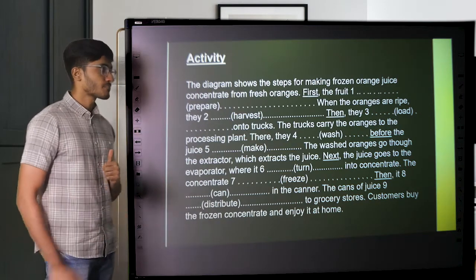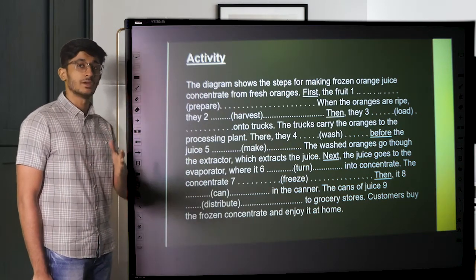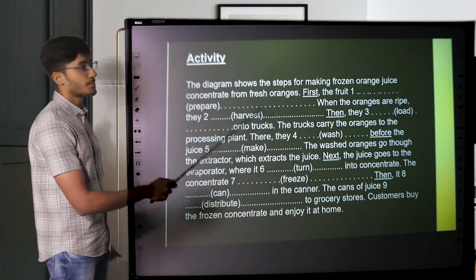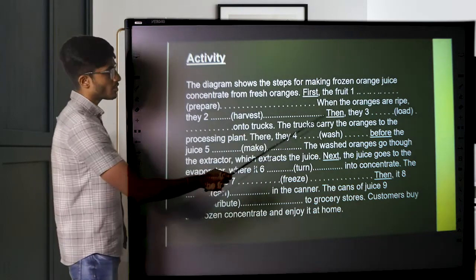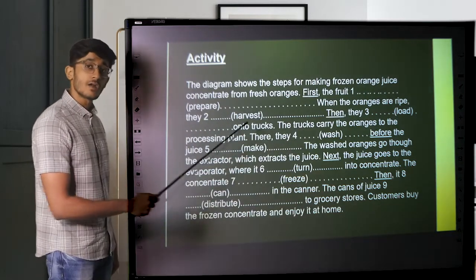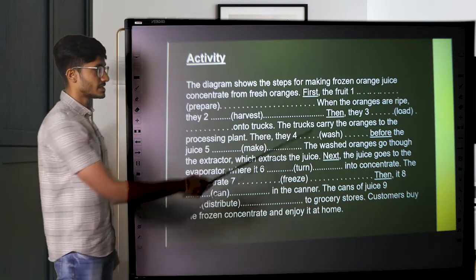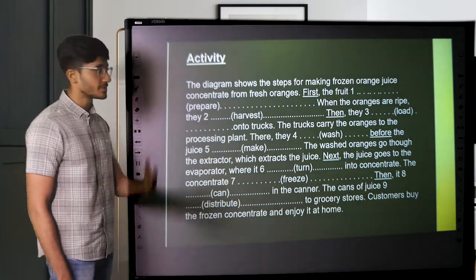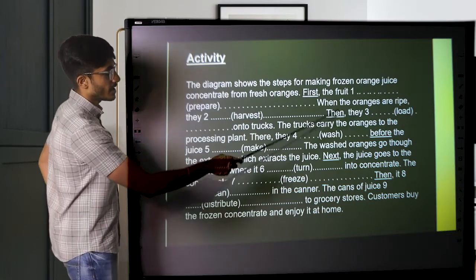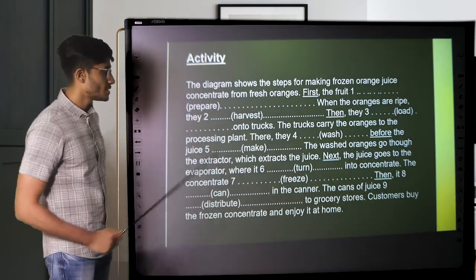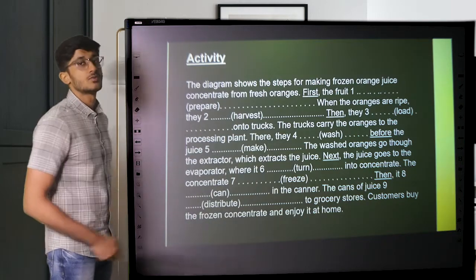So prepare becomes is prepared. So first, the fruit is prepared. When the oranges are ripe, they are harvested. Then, so it's showing you the sequence, one after another. Then, they are loaded. Load becomes are loaded onto the trucks, and so on.